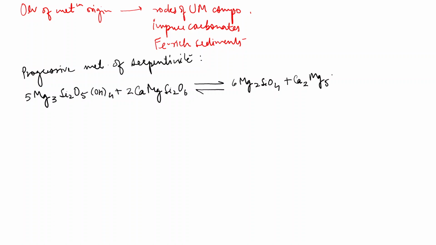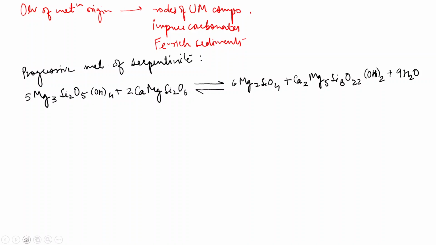Ca2Mg5Si8O22(OH)2. I know that it is not easy for you to remember all the formulae. Even I don't remember all the formulae, but since I am writing this here, I have written these compositions in front of me on a piece of paper, so I can write it easily.